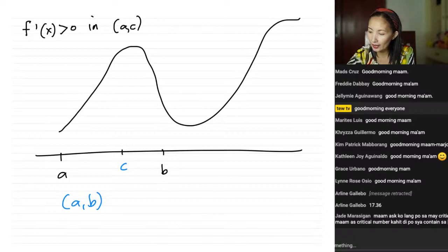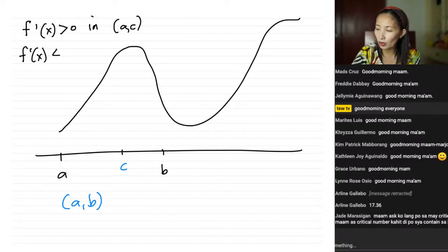Looking at this, from A to C, the function is increasing. From C to B, the function is decreasing. So, let me write that f prime of x is less than 0 in CB.